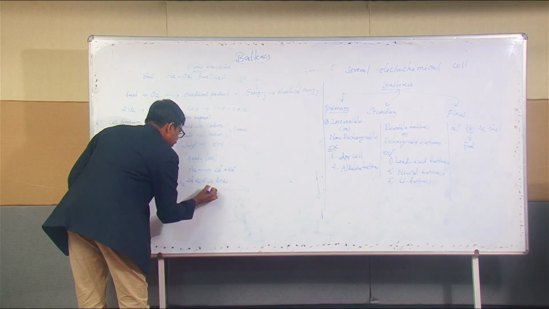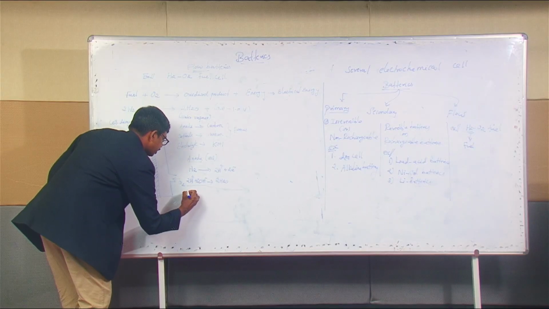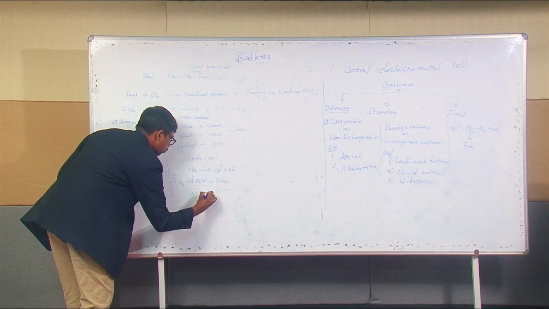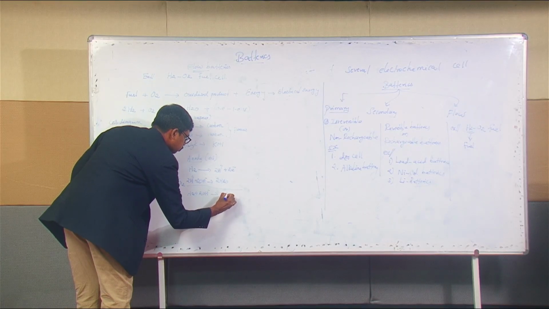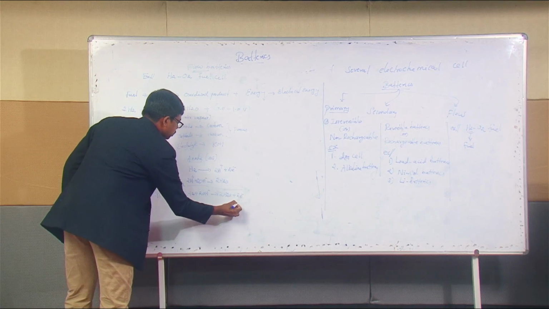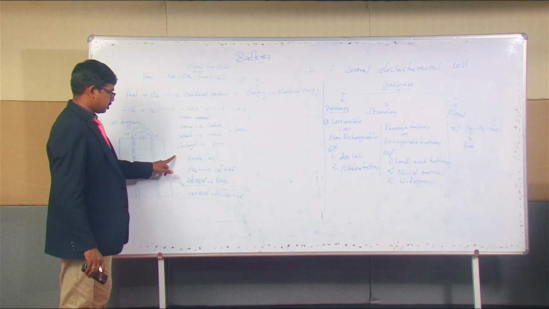This is the cell reaction at the anode compartment. The overall reaction is H2 plus 2OH minus gives 2H2O and 2 electrons, at the anode site.